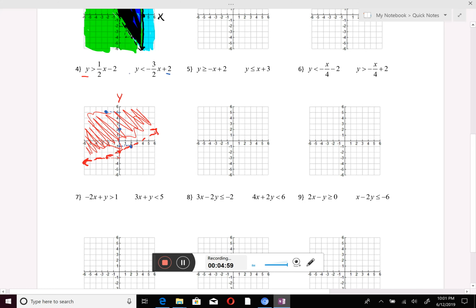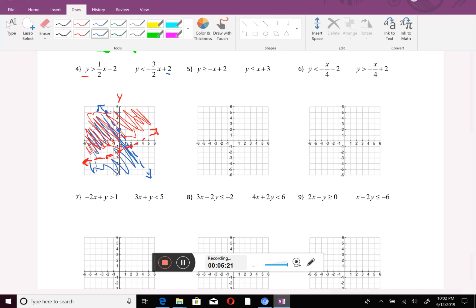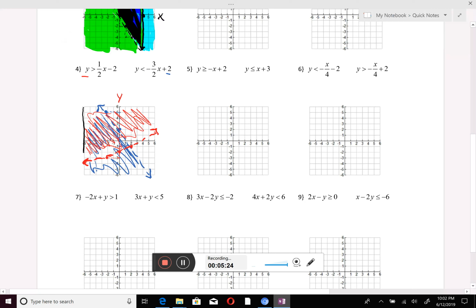So once again, we don't have a line underneath our inequality sign, so it's going to be a dotted line. But this time, our inequality is less than, so I shade below the line. And so you can kind of see in this region right here, they overlap. So that's our solution area. And that's why we shade, because they share the same solution, because these are the points that fit with the inequalities.